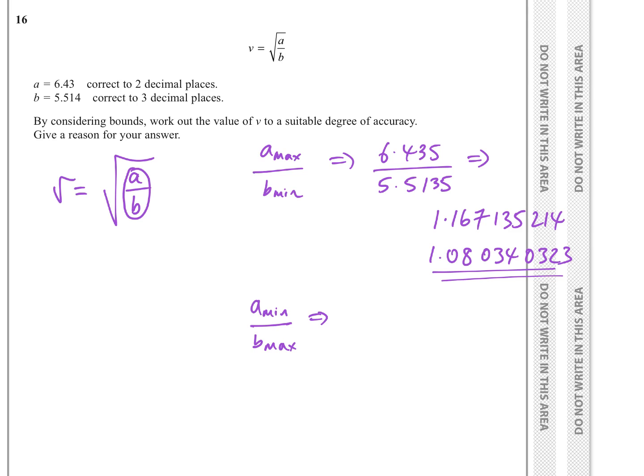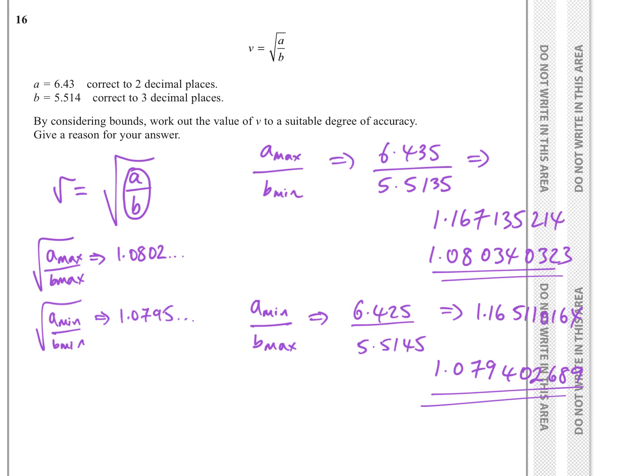So we're going to have 6.425 divided by 5.5145, and that's going to give me on my calculator 1.165110164, and then I've got to square root that, and that's going to give me 1.079402689.